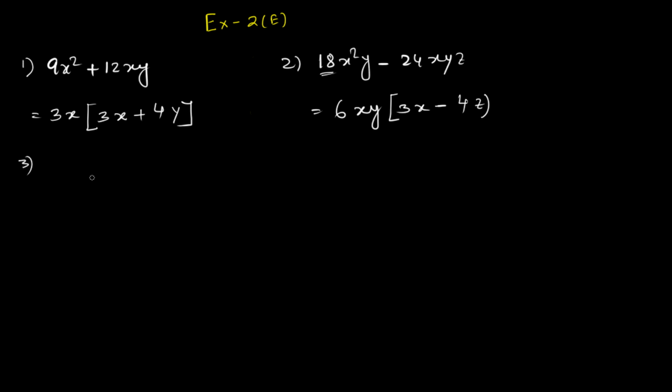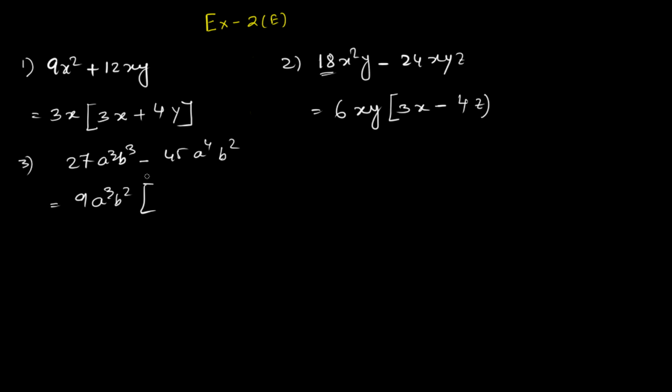Okay, the third question is 27 a cube b cube minus 45 a to the power 4 b square. So we can take 9 a cube b square common. That's the HCF of these two terms. So 9 a cube, that's the minimum we can take.